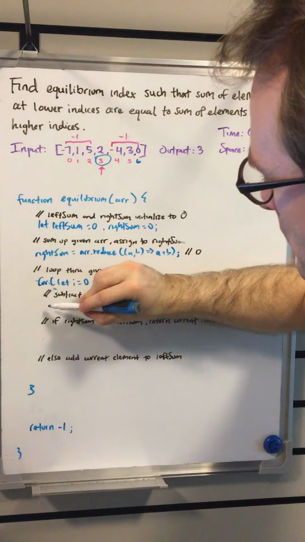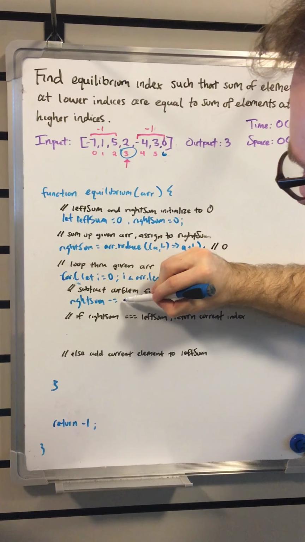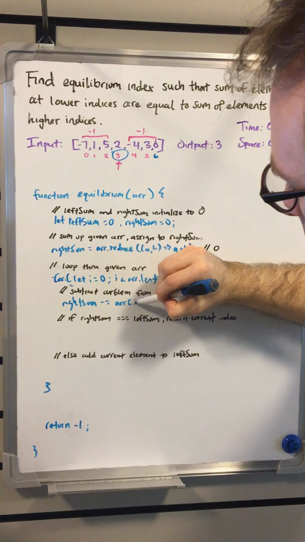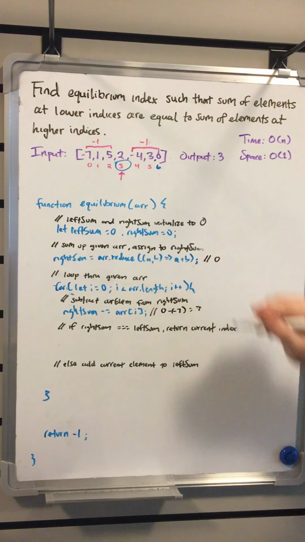So we're going to reassign the right sum to be right sum minus equal the current element. So the first run around, when we take away -7 from 0, 0 minus -7 gets us 7.